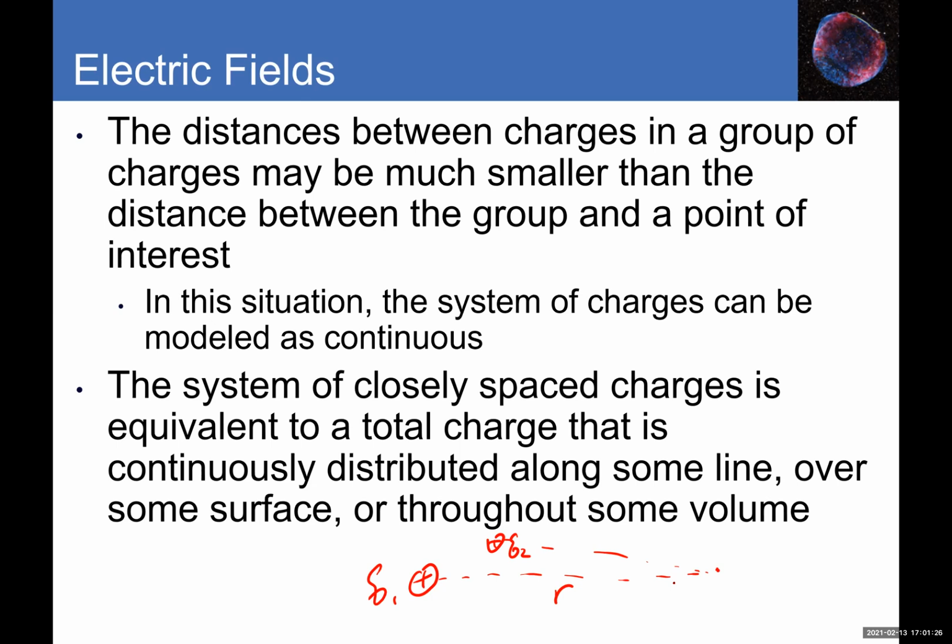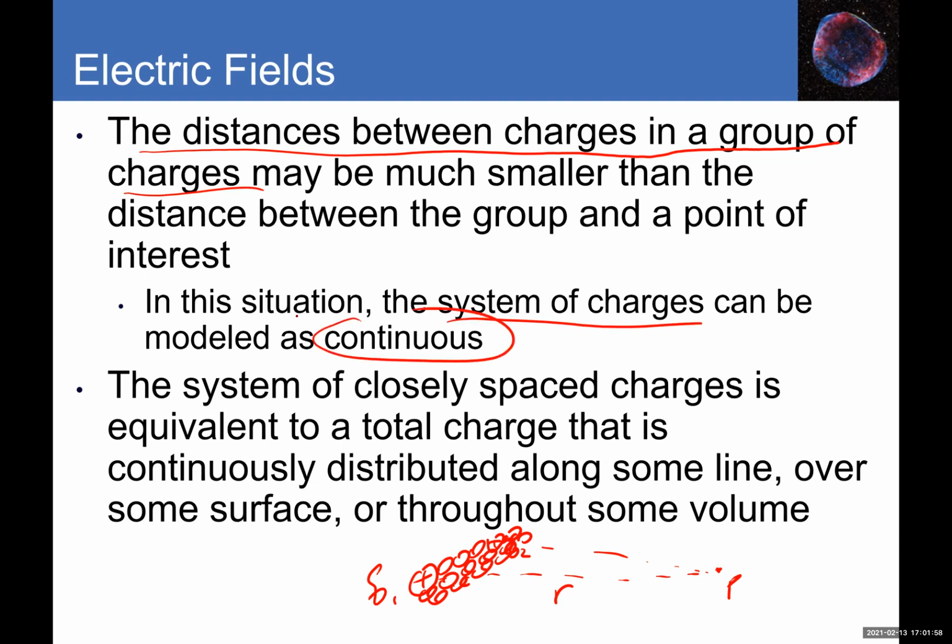But at some point, you can have a really large number of point charges, very close to one another. Think of it like this: when the distance between charges in a group may be much smaller than the distance between the group and a point of interest, we can model it as a continuous charge distribution.